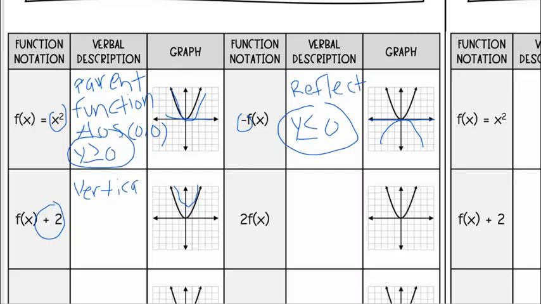And what it's going to look like is the vertex is going to be (0, 2), because it's on the y-axis.